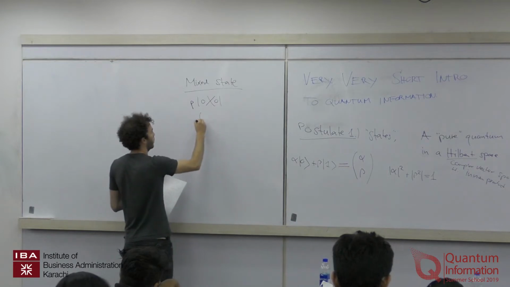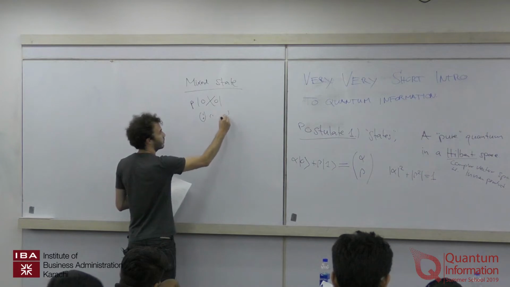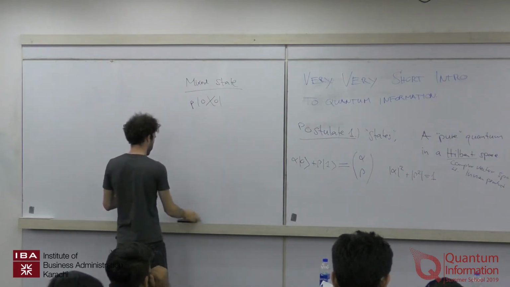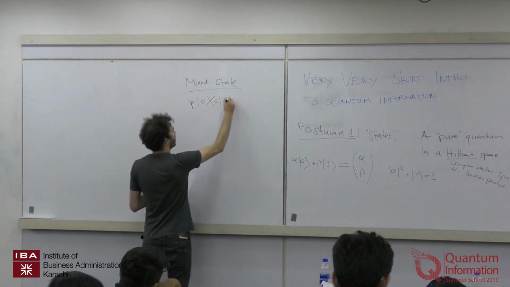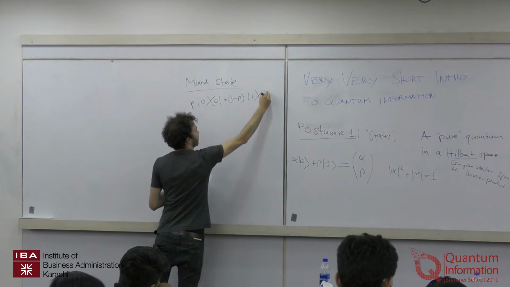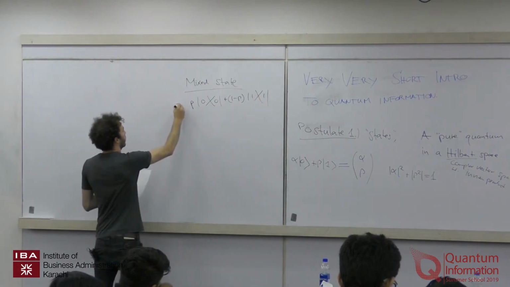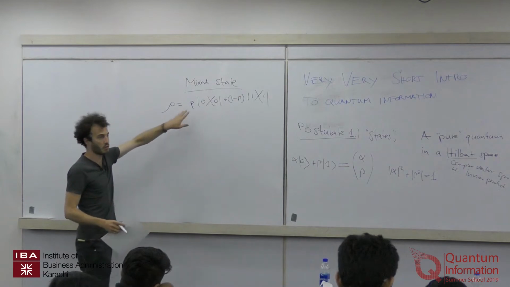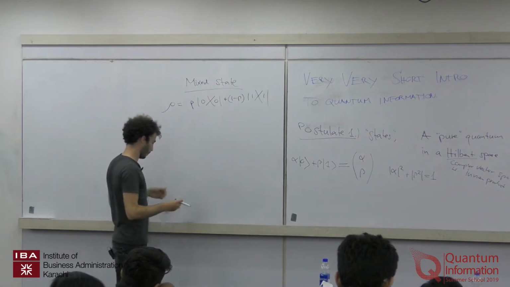This is a vector like this times a vector like this. Plus 1 minus p. And we often use Greek letters to denote such states.